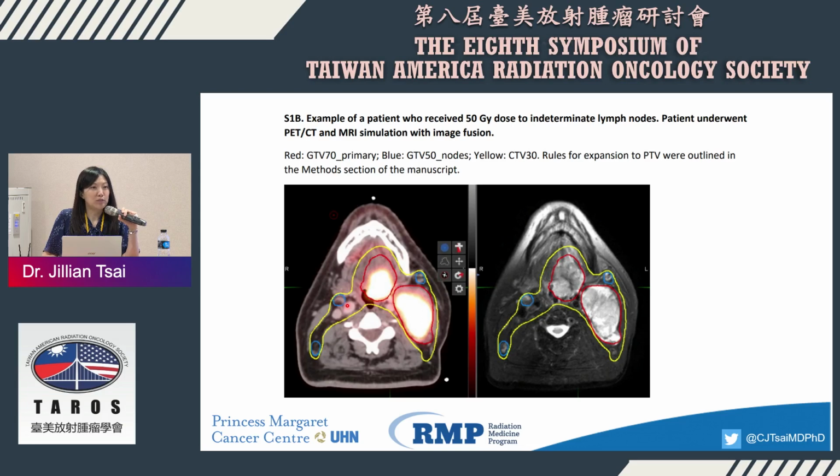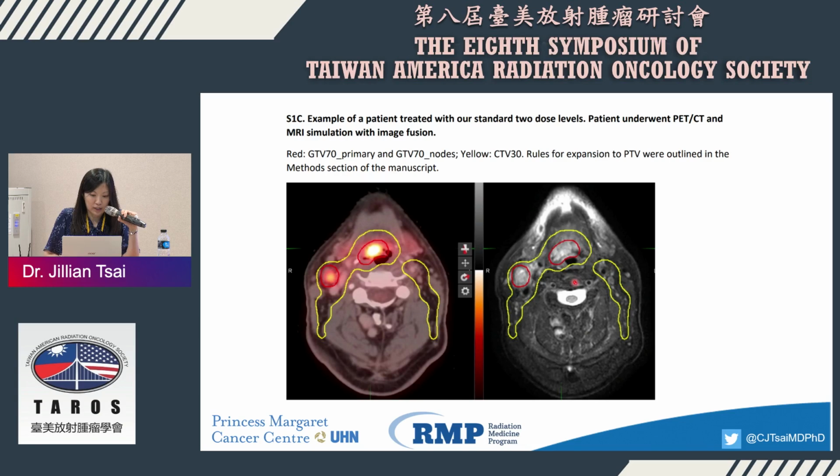Previously, all these areas got 56 or 63 gray, right? But since we decreased the elective dose to 30, some people are unsure about a few lymph nodes. They will still put a 50 gray there. But for the most part, it's just 2 doses, 30 gray and then 70 gray.